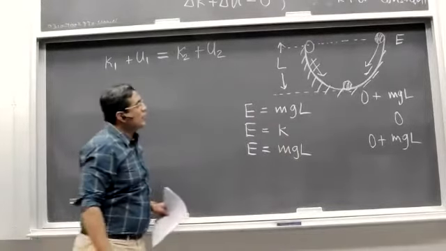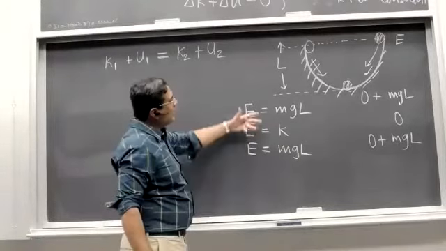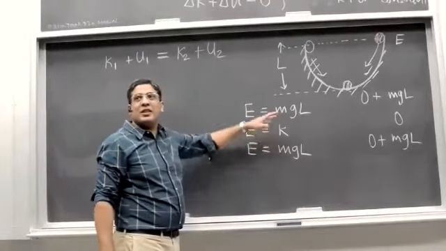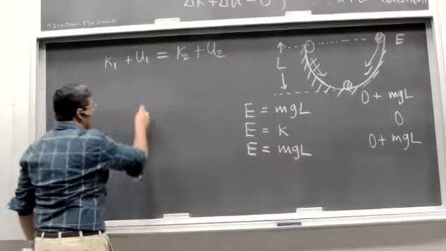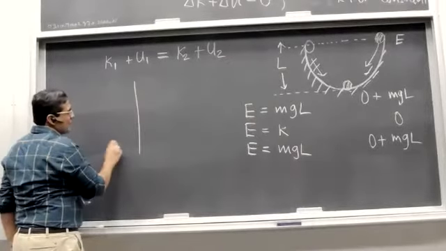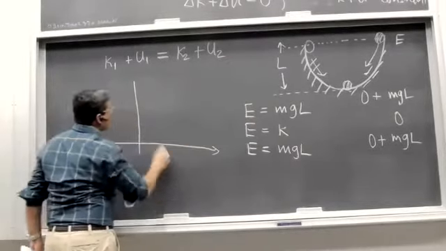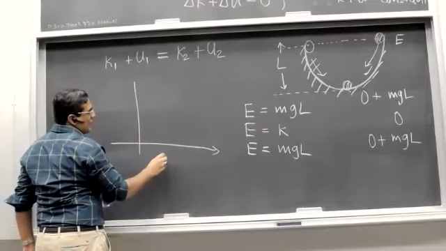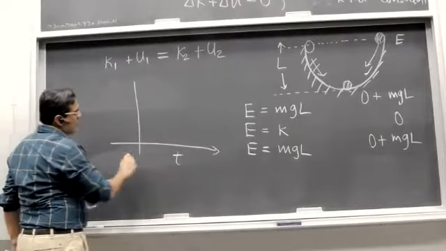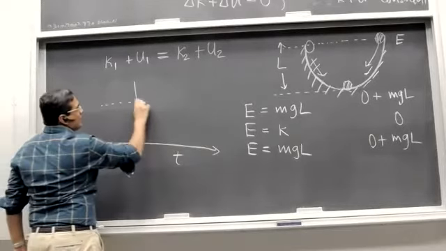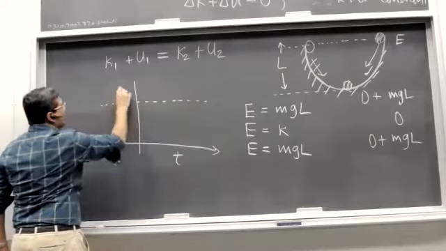So this underlines the interchangeability of the energy. If you plot such a case, on this side you have time, or the position, it doesn't really matter. In time, the total energy remains at E.